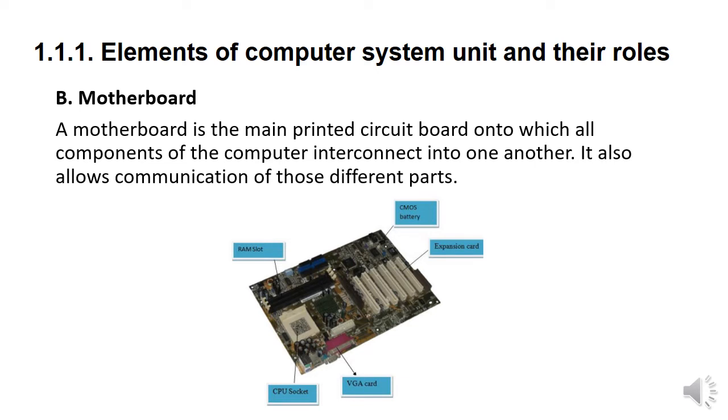So we have RAM slots here, the place on a motherboard where we insert computer RAM or random access memory. Here there is another place where the CMOS battery is inserted. The CMOS battery is a battery which powers the BIOS.